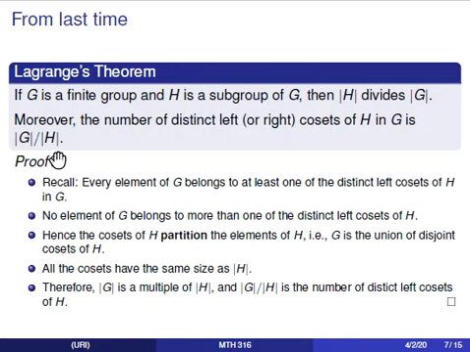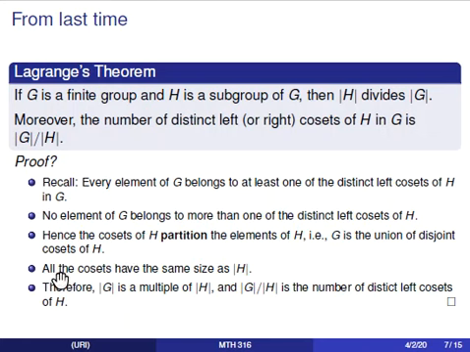So how the proof went was this. We defined what a left coset was, and then we observed that every element of G belongs to at least one of these cosets of H, and in fact no element of G belongs to more than one of the cosets of H. The distinct cosets didn't have any overlap, and therefore they partition the elements of G. Every element of G belongs to exactly one of these cosets.